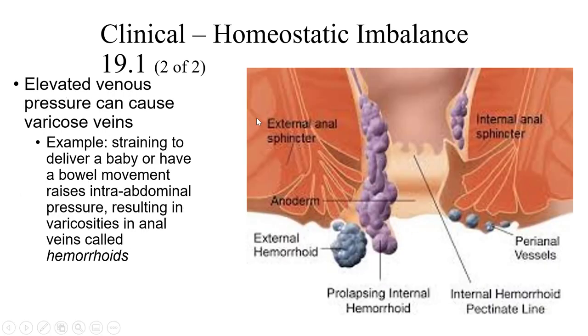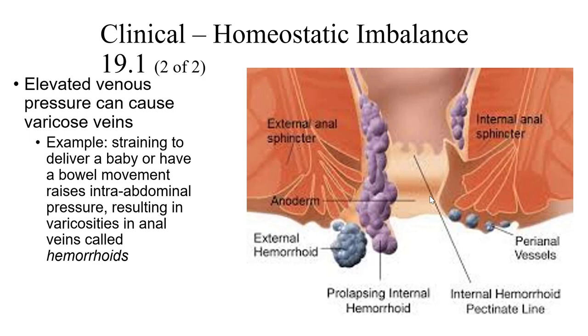And then another homeostatic imbalance is the hemorrhoids. Elevated venous pressure can cause varicose veins, and the varicose veins are found right there in the anal canal.